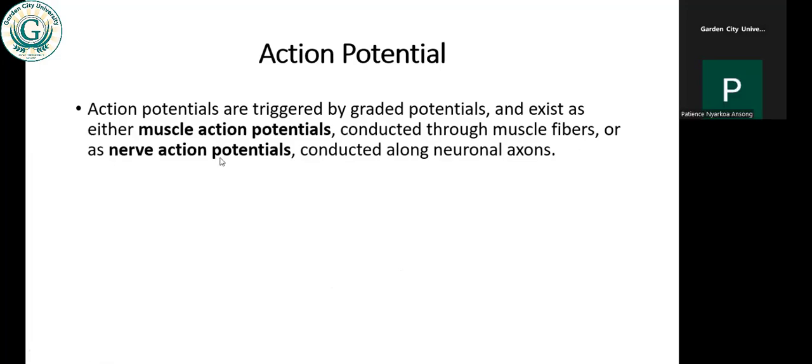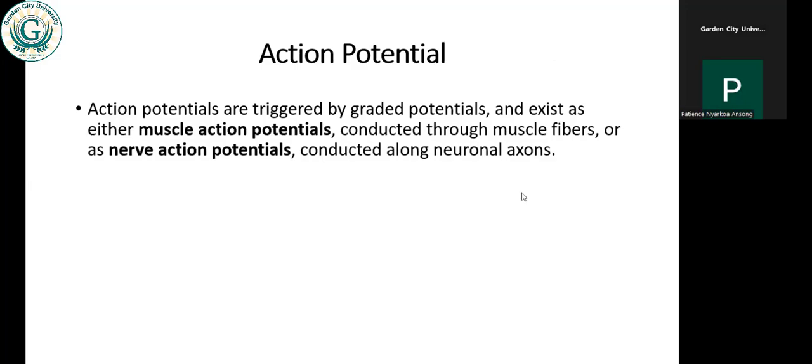Then we look at action potential. Now, when this graded potential is able to cross the threshold and reach the axon, we term it an action potential.